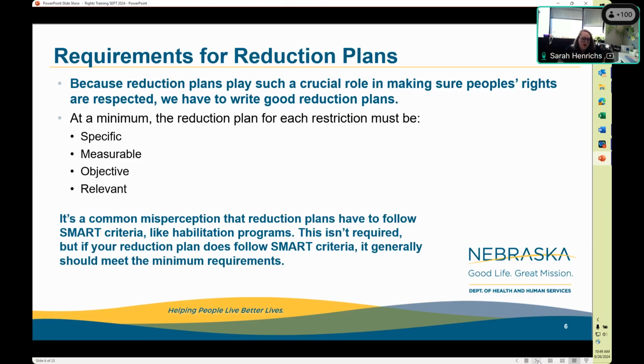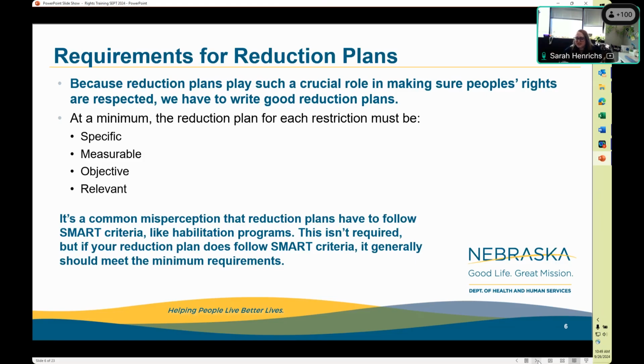No, they aren't making progress. Or yes, they've met the reduction plan and we need to talk about reduction. Anybody should be able to pick up your ISP and figure out what they need to go look at to objectively determine, yes, this person has met this criteria that's been set, or no, they haven't. And they should draw the same conclusion.